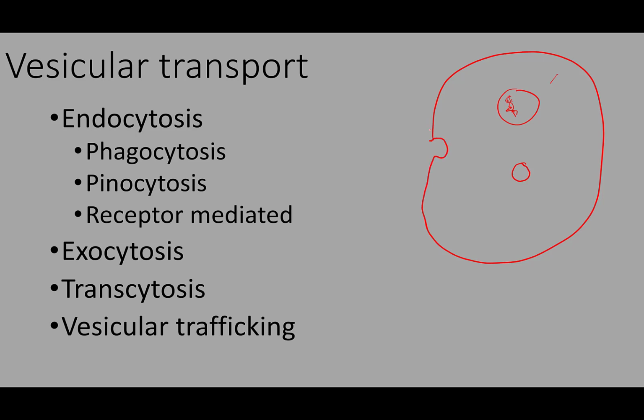And remember, outside the cell, mostly water. Inside the cell, mostly water too. And as it creates this little cavity, eventually this little cavity is going to pinch off. And inside this newly formed vesicle, there's water. But there's stuff dissolved in that water.